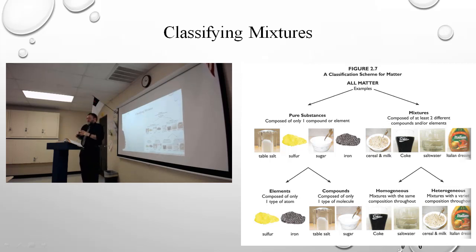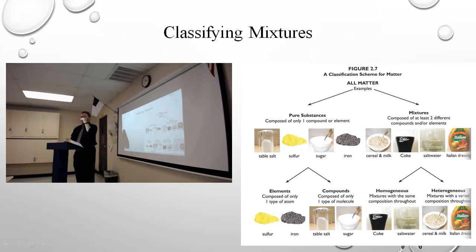All the same for it to be pure. And if it's not pure, it has to be a mixture. And if it's a mixture, it's either going to be the same everywhere, the same blend everywhere to make it homogeneous, or it's going to be blended with differences in other places that make it heterogeneous.